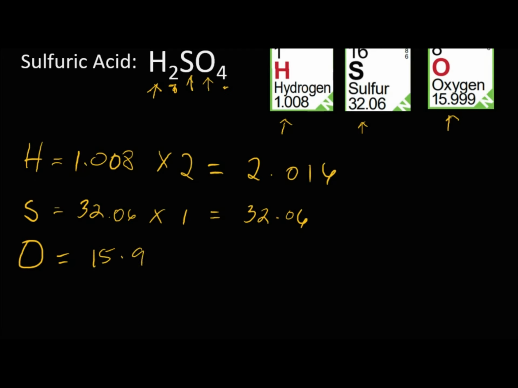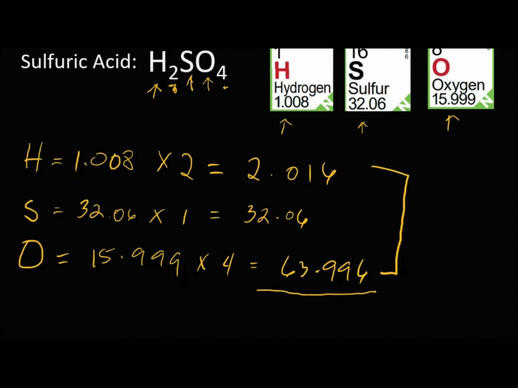So 15.999 times 4, that gives us 63.996. Now, we just add all these three together to get the molar mass of sulfuric acid, or 1 mole of sulfuric acid. That will give us 98.072 grams per mole.